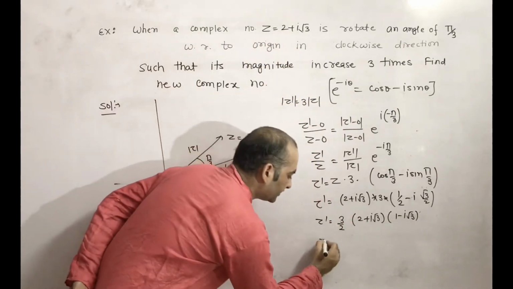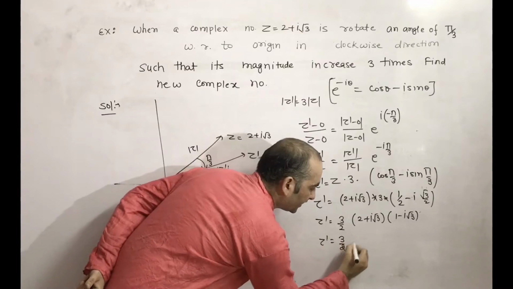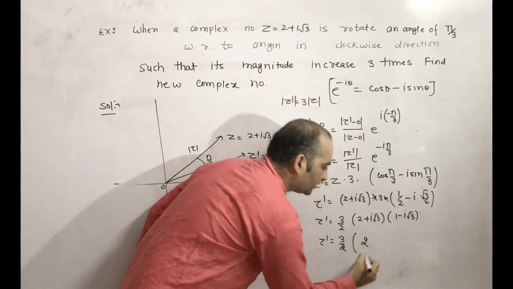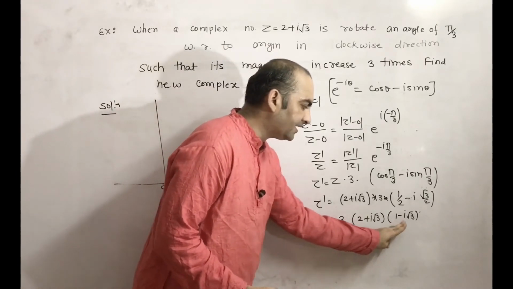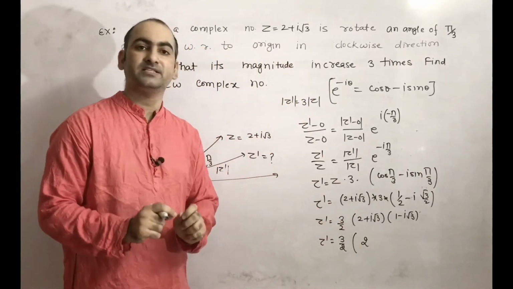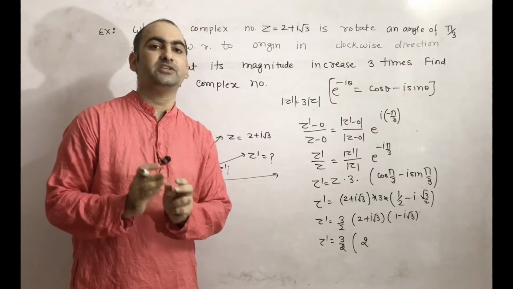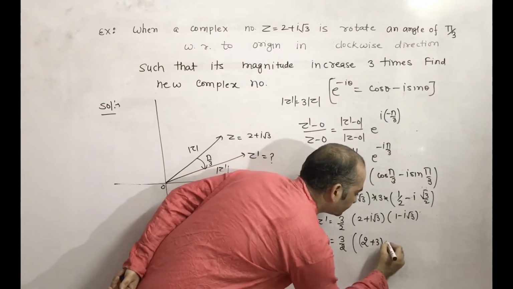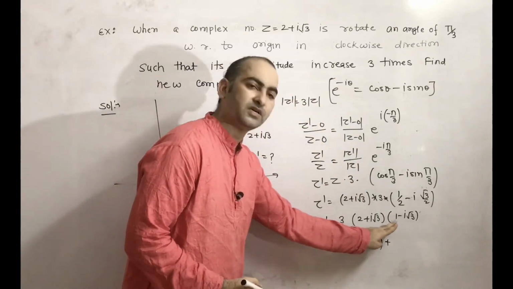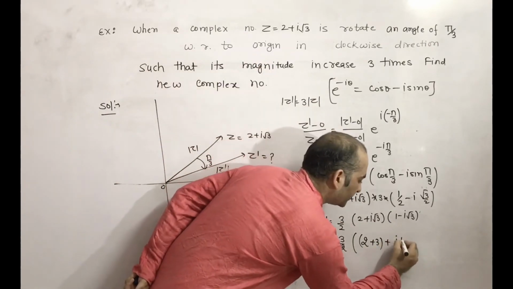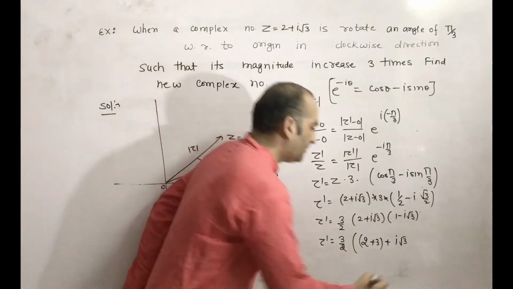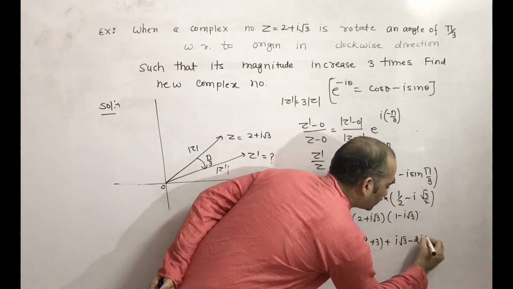So z dash is 3 by 2 in bracket. 2 into 1 is 2. Iota root 3 times minus iota root 3 gives minus iota square 3, and minus iota square is plus 3. Then iota root 3 multiplied with 1 gives iota root 3. 2 multiplied with minus iota root 3 gives minus 2 iota root 3.